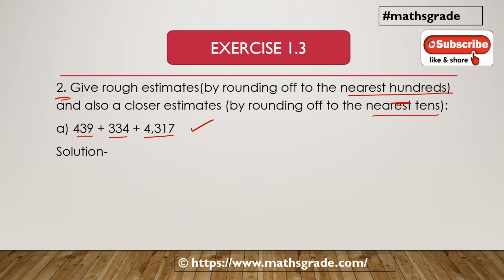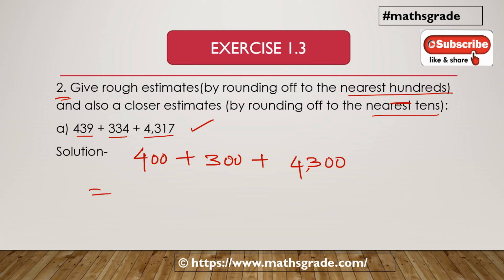Now estimating this sum, 439 rounded off to the nearest hundred, we got 400 plus 334 rounded off to the nearest hundred, we got 300 and 4317 rounded off to the nearest hundred, we got 4300. Now add these three numbers, 400 plus 300 plus 4300.